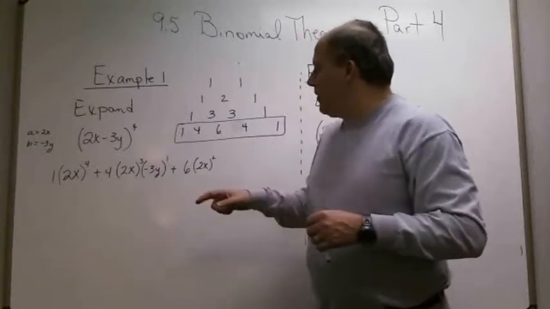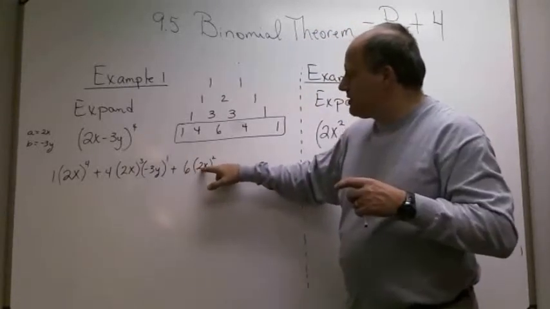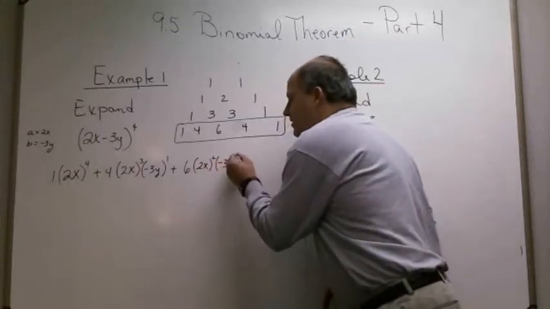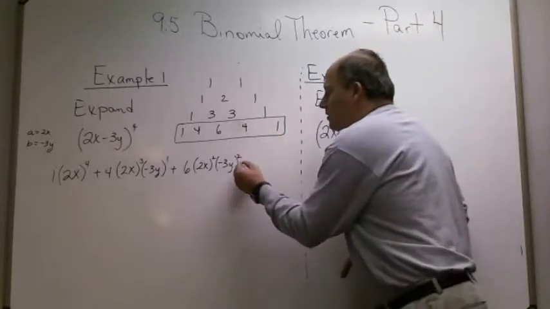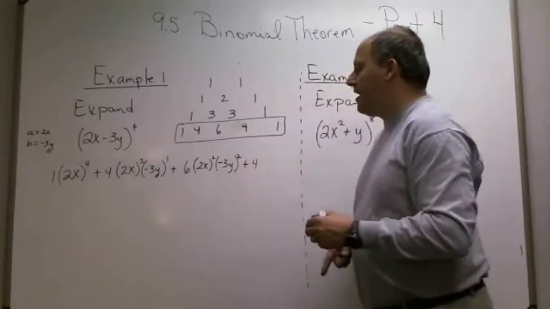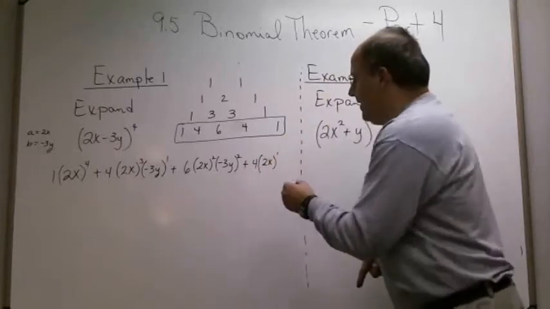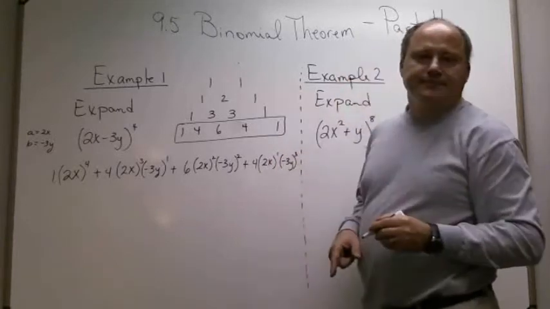So anyway, this is the beginning of the third term. It's 6 times (2x)^2, and then (−3y)^2. And then the next binomial coefficient is 4. So it's 4 times (2x) to the first, and then (−3y)^3.